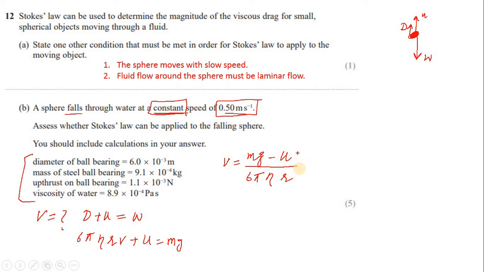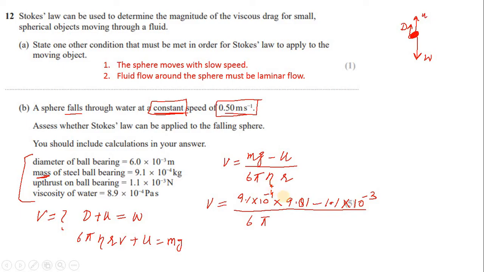(mg minus U) divided by 6 pi eta r. You just substitute all the values and find the value of V. V is equal to m, the mass, which is 9.1 into 10 to the power minus 4, into g, 9.81, minus U. U is the upthrust, which is 1.1 into 10 to the power minus 3, divided by 6 pi eta.